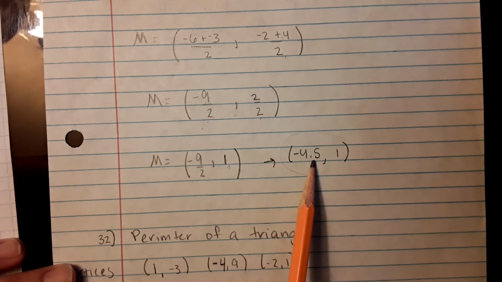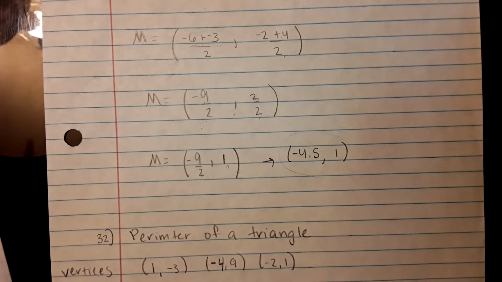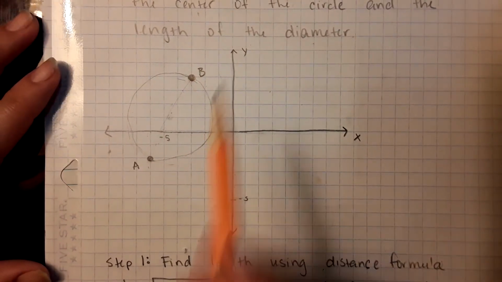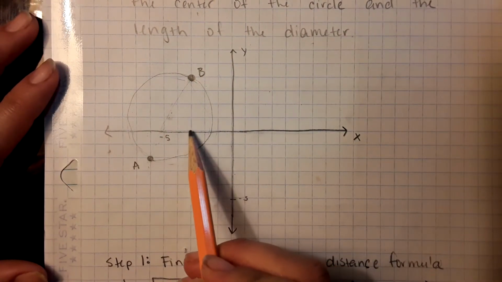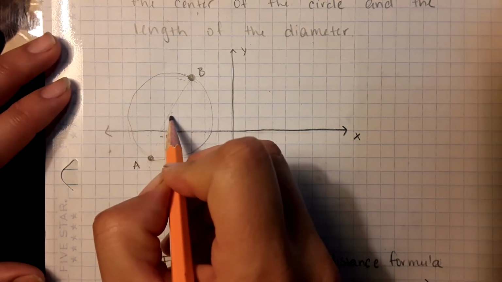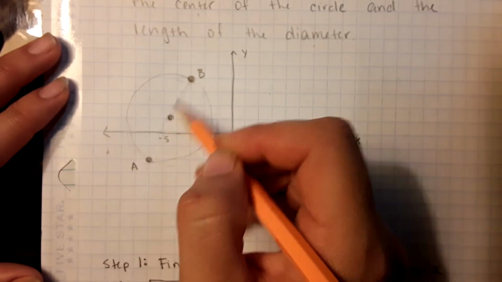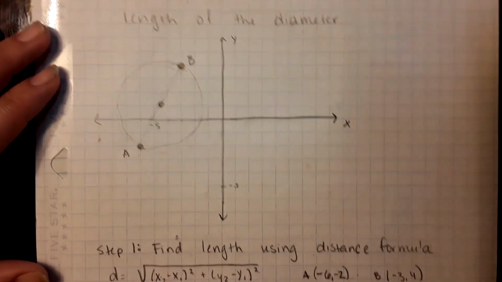So here is our midpoint. Looking at the picture, 1, 2, 3, 4. Here's -4.5, comma, 1. That's the center of this circle.